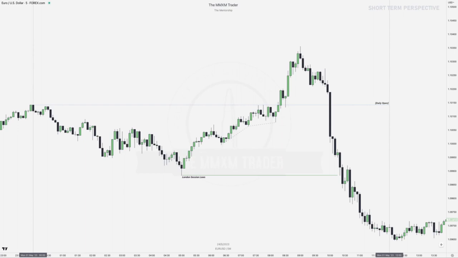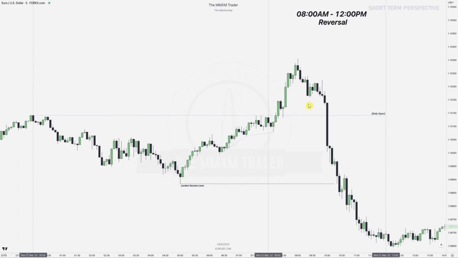So we're going to be looking for failure swings on the low side. And we can clearly see we've got some failure swings down here. We've got some failure swings down here. And eventually we target again previous daily highs or lows, London session highs or lows, or Asia session highs or lows. So we're going to be targeting that London session lows, and then we have more liquidity inside this range too. So it's setting up to be quite a nice reversal.